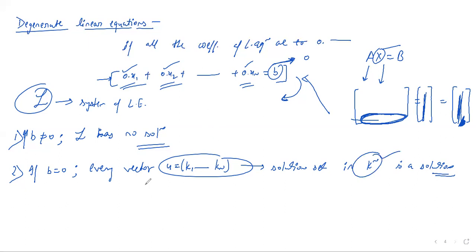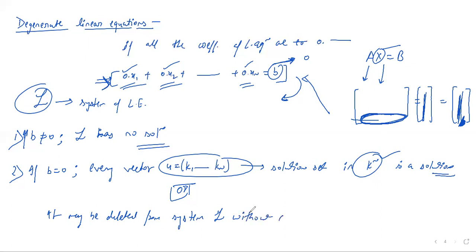Or you can also say it like this: if b is equal to 0, then this particular linear equation in the system may be deleted from system L without changing the solution set.